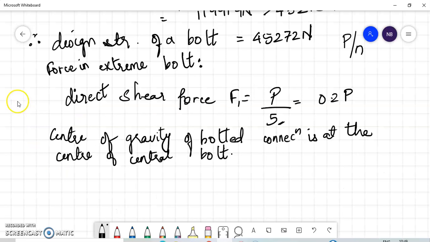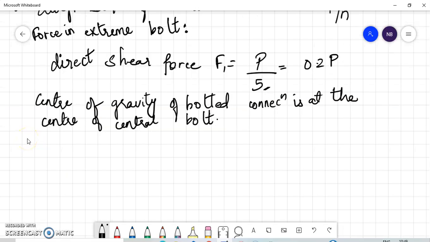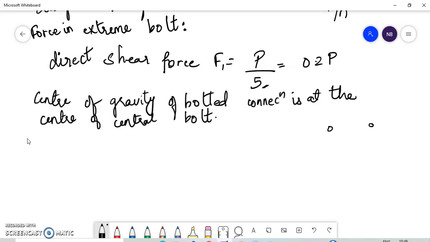What this means is we have 5 bolts like this. This is the line of CG of the connection, and it is passing through the center of this central bolt. We need to find out the distance R, from the CG to the center of the bolt.